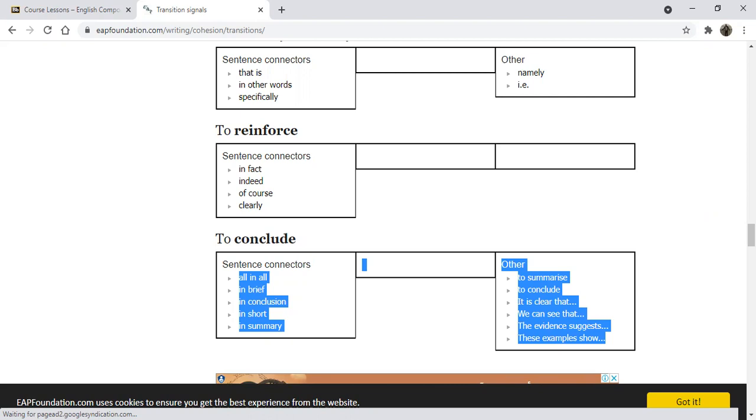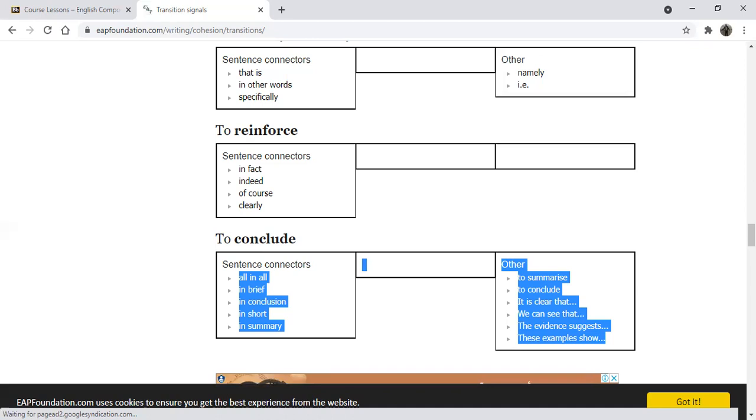Signals to introduce an additional idea, signals to compare, signals to contrast, signals to show concession, signals to introduce a cause or reasons, signals to introduce an effect or result, signals to give an example, signals used to show chronological order, signals used to show order of importance, signals used to show an alternative, and signals for identifying or clarifying, signals for reinforcing, and finally, signals to conclude.